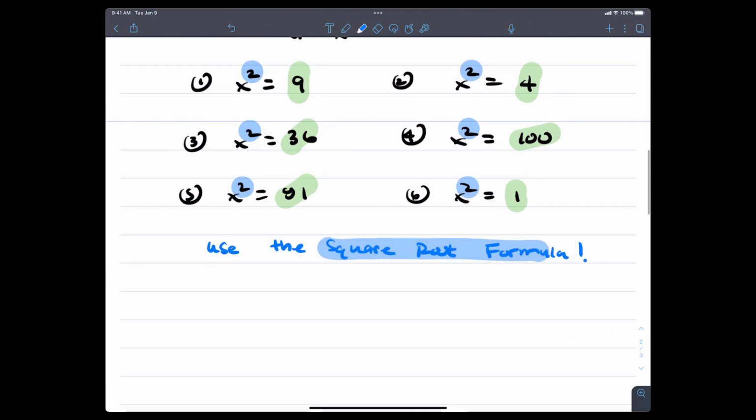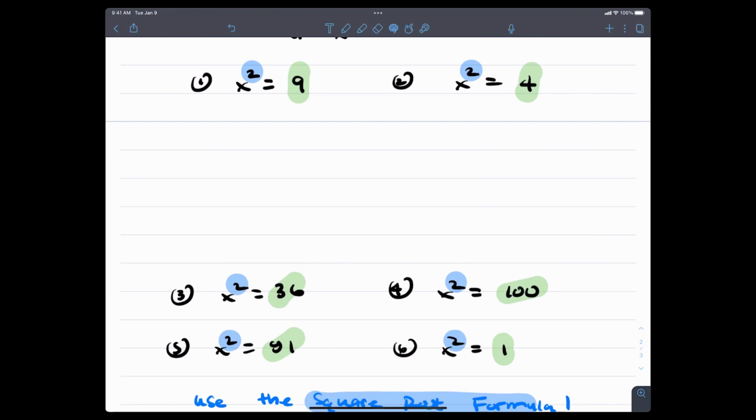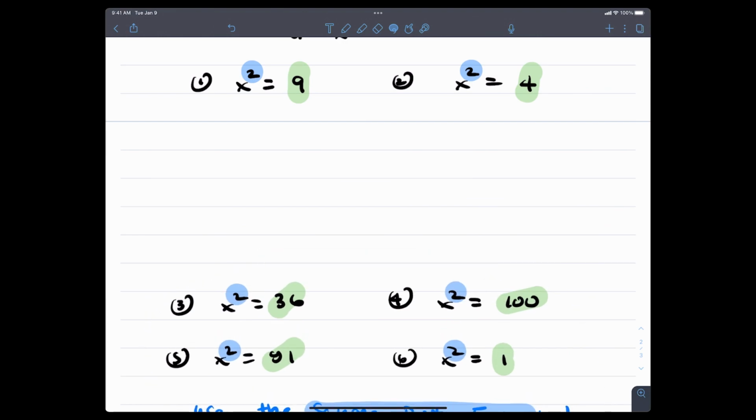So in each case, here's what you guys want to do. X is plus or minus square root of 9. X will be plus or minus square root of 4. So far, so good?